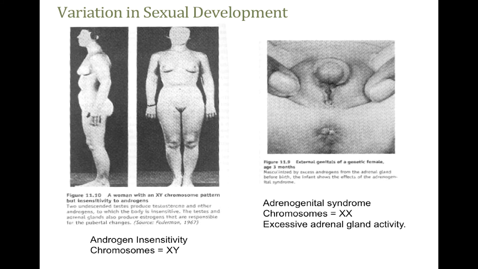Now there are of course variations in sexual development precisely because of this bipotentiality. Because the body has that potential to support male and female physical structures and physical development, there is going to be variation. There are cases of individuals who are genetically XY, so have an XY chromosome pattern, but have an outward physical appearance of a typical female.